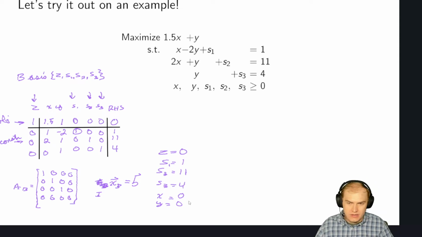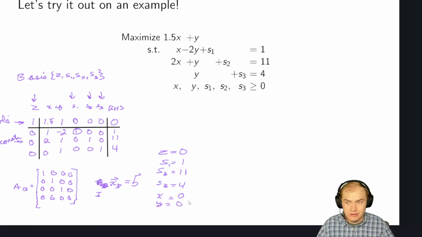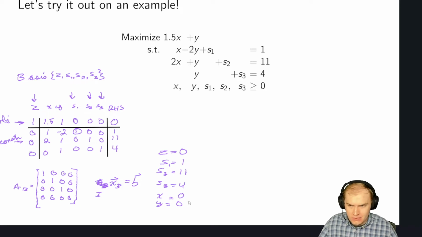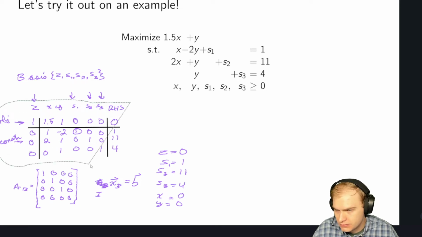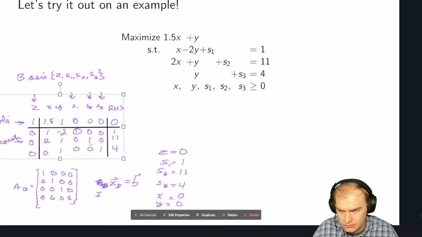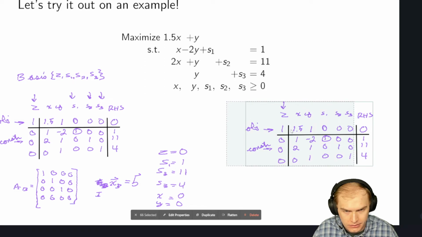Which is the same initial starting solution that we had yesterday. So let me copy all this and put it over here.